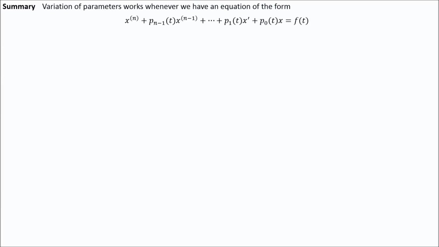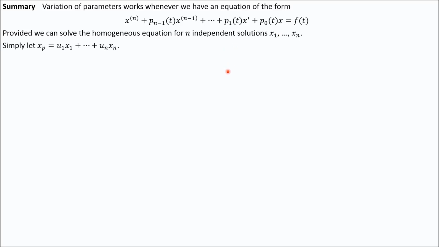And it turns out variation of parameters works in general for higher order equations as well, provided we can solve the homogeneous equation, replacing this guy with 0. Once you solve the homogeneous equation, you just do the same thing. You assume that your particular solution will have the form u1 x1 plus blah blah blah all the way up to un xn.